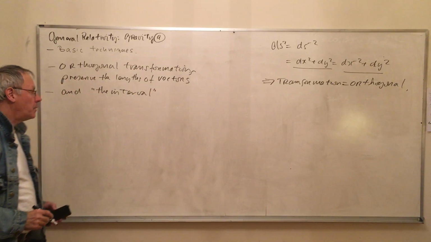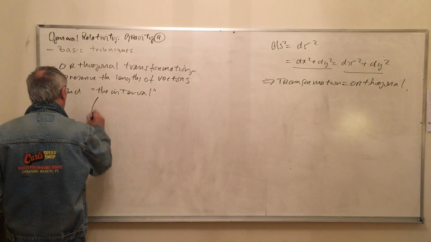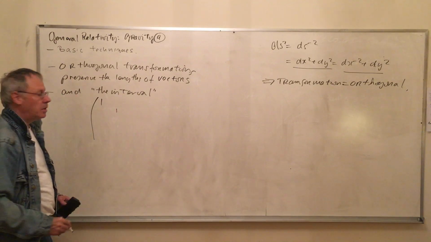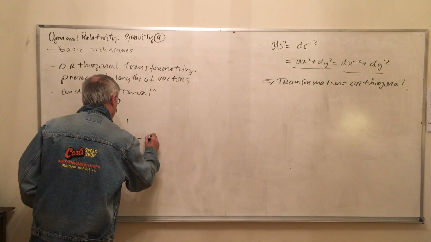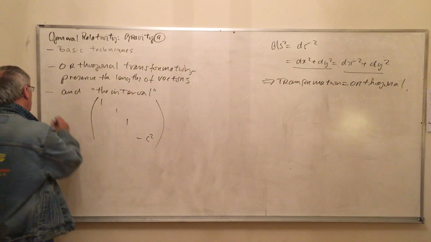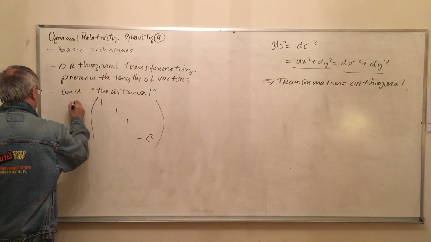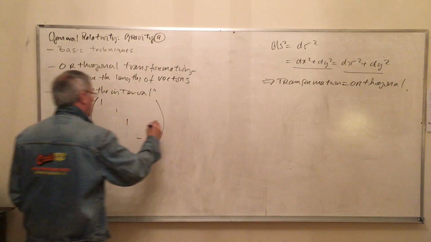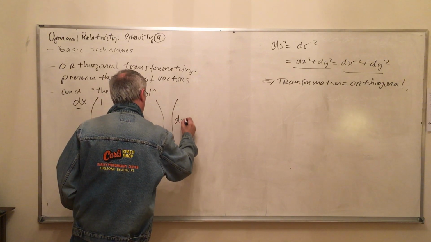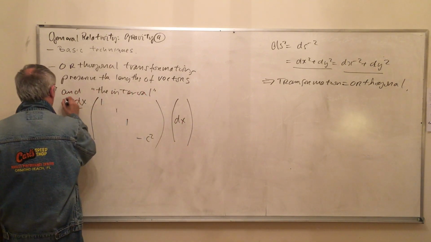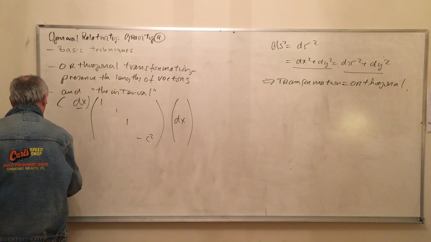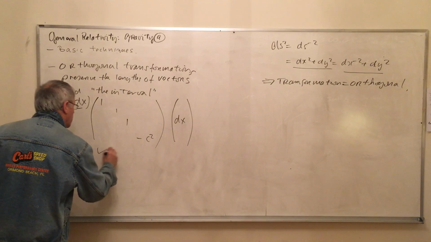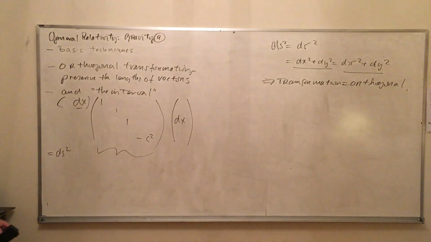Now, orthogonal transformations preserve the length of vectors and the interval length. Really what I'm doing is just using 2 dimensions, but later I'm going to generalize to 4. It still preserves the new distance element, where this is the metric tensor and it's diagonal.